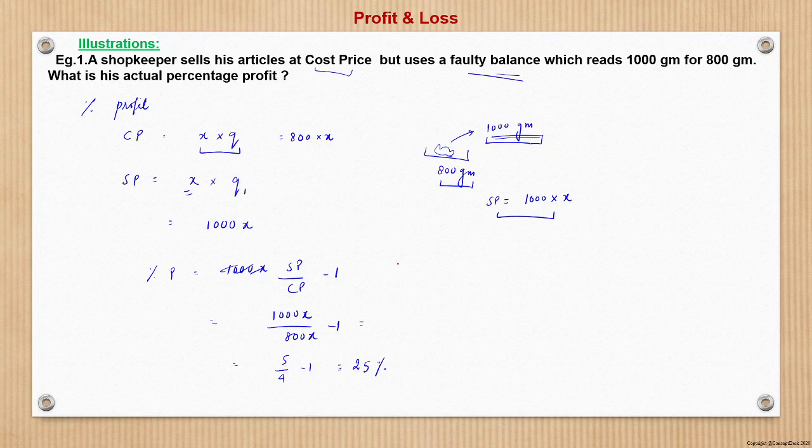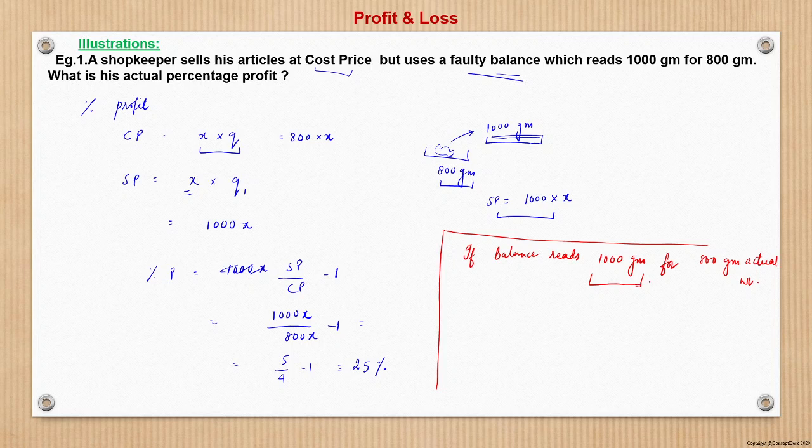Now let me summarize what we have studied so far. If the balance reads 1000 gram for 800 gram of actual weight, this means that the customer will pay the shopkeeper for this 1000 gram, whereas the shopkeeper actually had put a weight of only 800 grams.